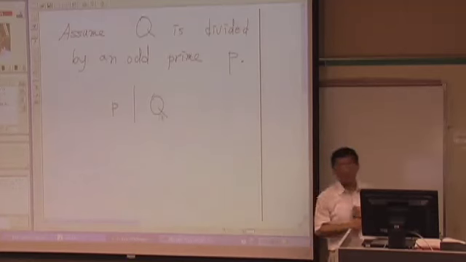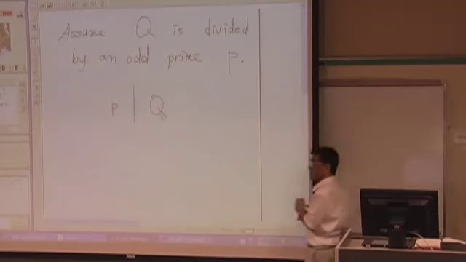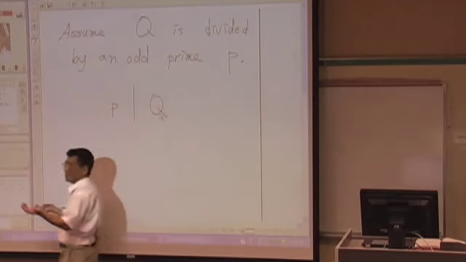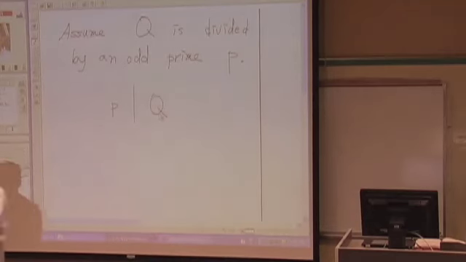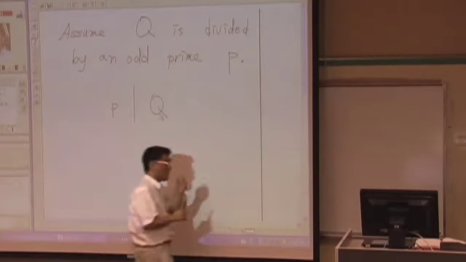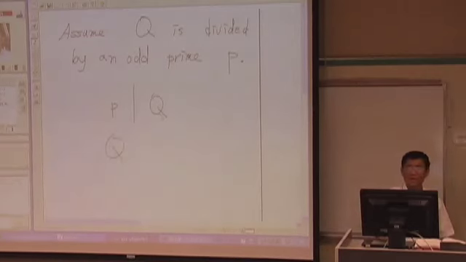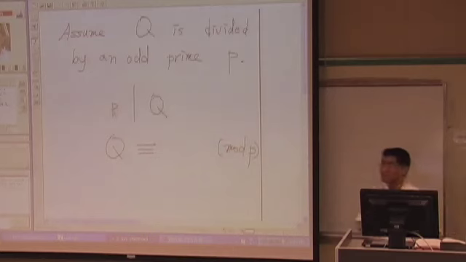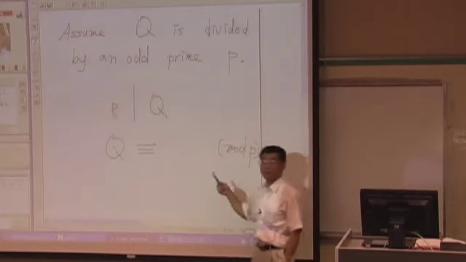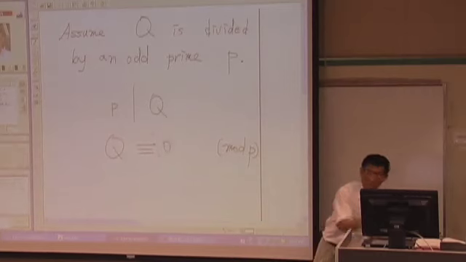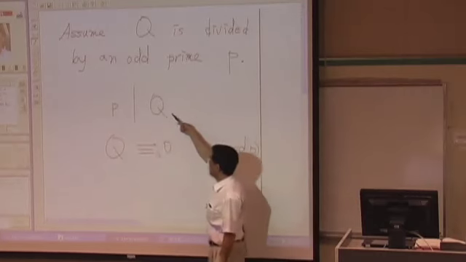Q is divided by P can be written in what form? Very basic, the beginning of congruence. Q is divided by P is the same as saying Q is congruent to what, mod P? 0, right? These are equivalent. Very basic thing.